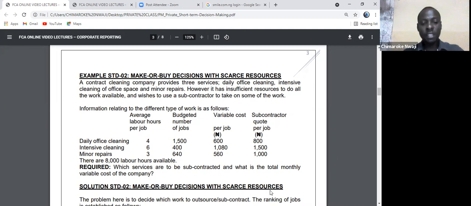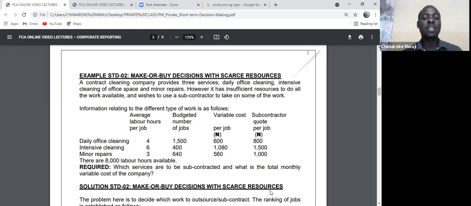So the point is, which of these jobs are you going to subcontract? And how many will you subcontract? Now it tells you that the scarce resource is labor hours. You have to do as much as your 8,000 hours can carry, and the extra, you give out.